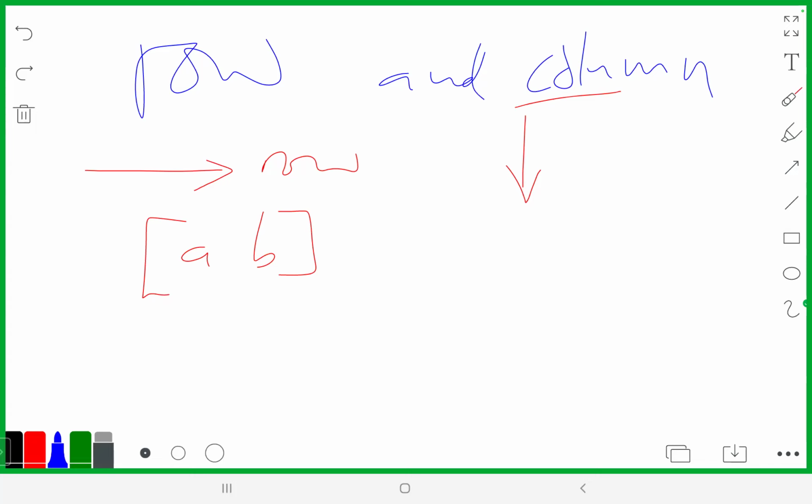Let's call it matrix A. The rows are the lines that go this side. These are the rows. Then these that come down are the columns. So how many rows are here?